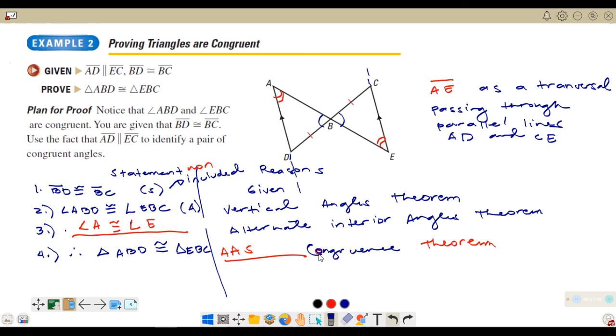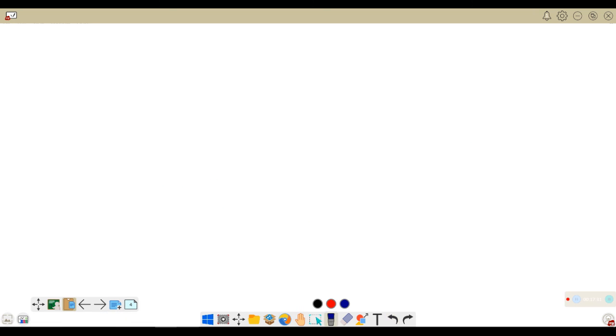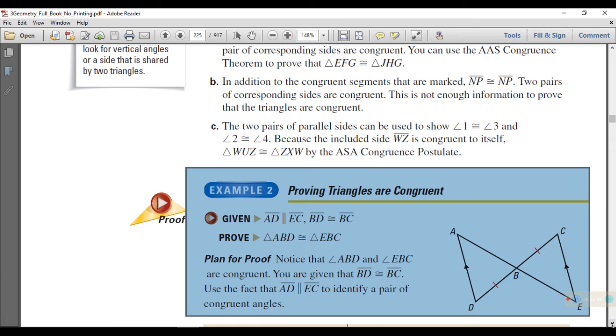The more appropriate reason will be the AAS congruence theorem if you consider AE as your transversal instead of DC. But both approaches will yield the same conclusion.